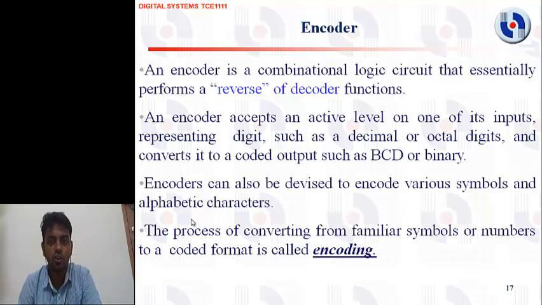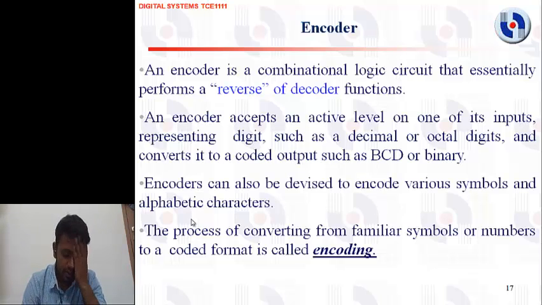An encoder is a combinational logic circuit that essentially performs the reverse of the decoder function. An encoder accepts an active signal in one of the inputs representing a digit, such as a decimal or octal digit, and converts it to code outputs such as a BCD number or a binary number.